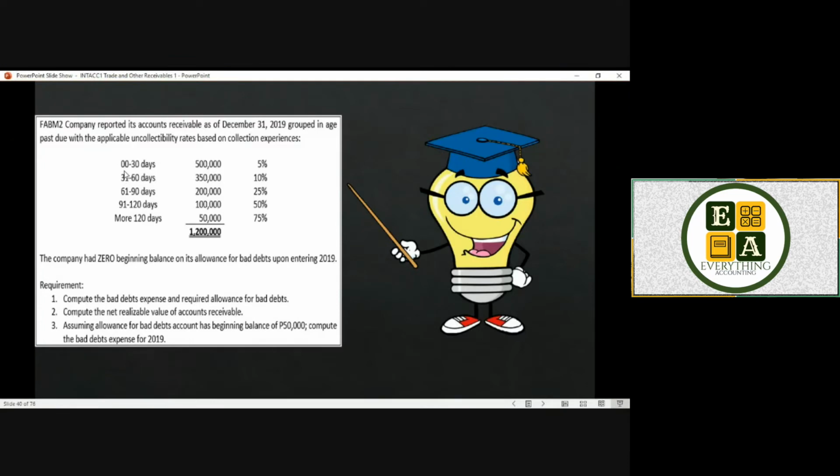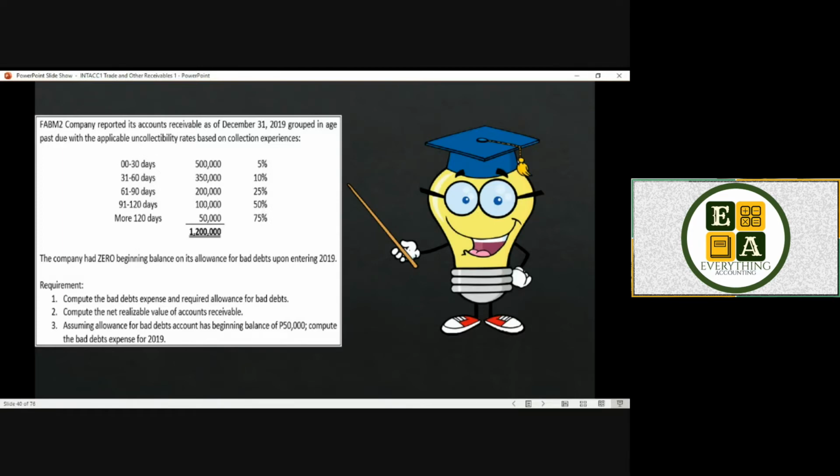Okay? Or yung iba kasi parang past due na rin yung nilalagay dyan. So ito, 31 to 60 days, we have 61 to 90 days, 91 to 120, and more than 120. Okay? Then yung 5%, 10%, 25, 50, and 75%, uncollectibility rates yan.